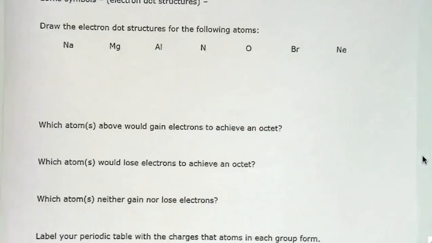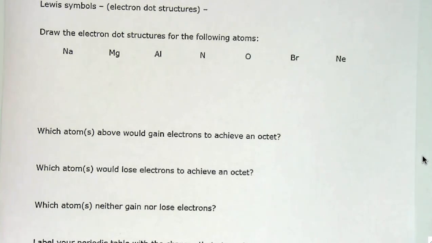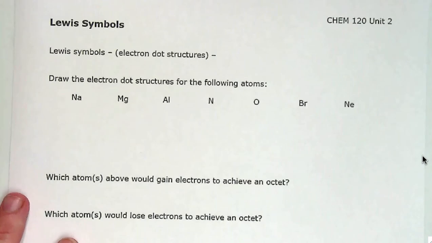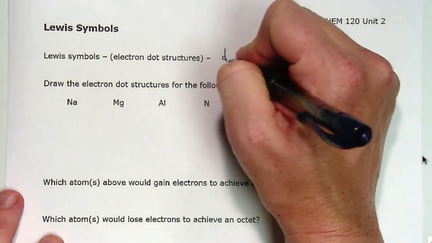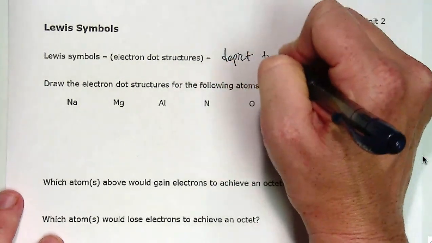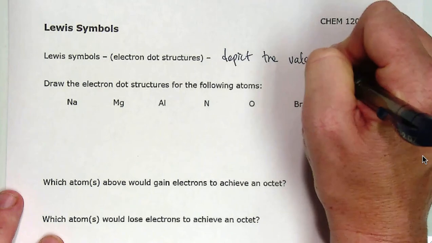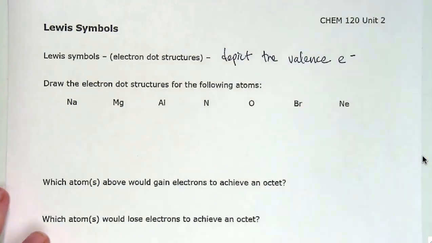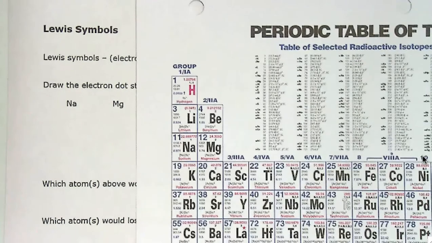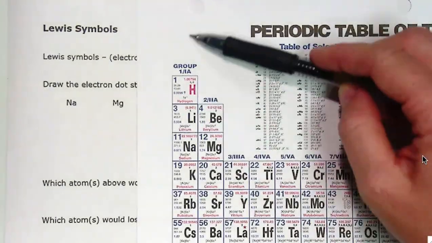So we're going to learn how to represent atoms using Lewis symbols or electron dot structures. And these just depict the valence electrons. Draw the electron dot structures for the following atoms. Sodium. So if you look at sodium, find sodium.